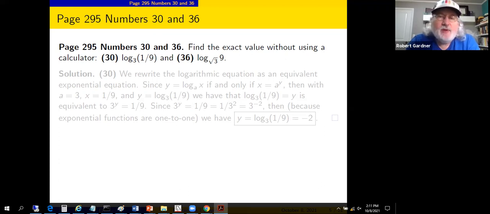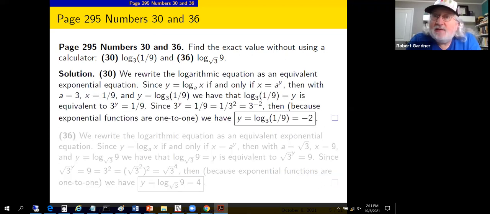If they mix the bases up in a weird way, we probably couldn't give precise values with our current knowledge. Well, we'll work this, as previously hinted at, by rewriting the log equation as an exponential equation. We've got y equals log base a of x if and only if x equals a to the y. So match this with this. We've got a, the base, is 3, x, the argument of the log function, is 1/9, and y is the unknown.